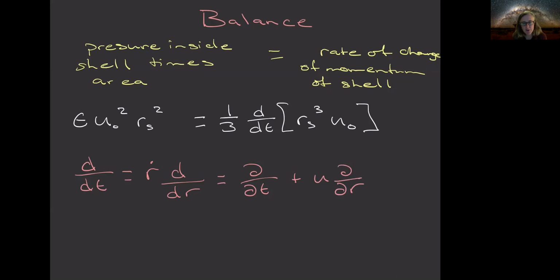And that should look to you like a difference between an Eulerian and a Lagrangian. In our case, this partial derivative will be 0, and so we can rewrite our d dt as u times d dr. So where do we go from that?